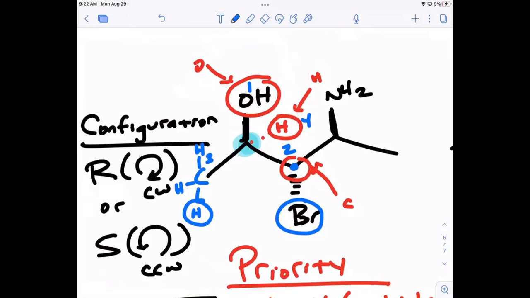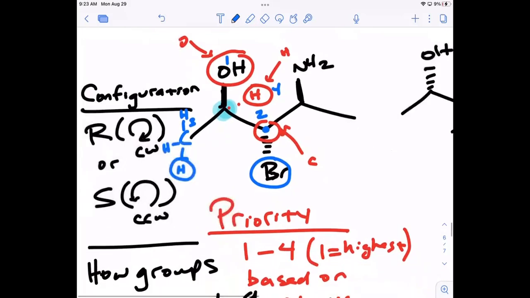If you look at the molecule itself and that chiral center, once I assign priority, I just need to count to 3. The 4th group you always want away from you, and you don't count it when you're assigning configuration. So we assign priority first, and then we can determine whether it's R or S, right hand or left.